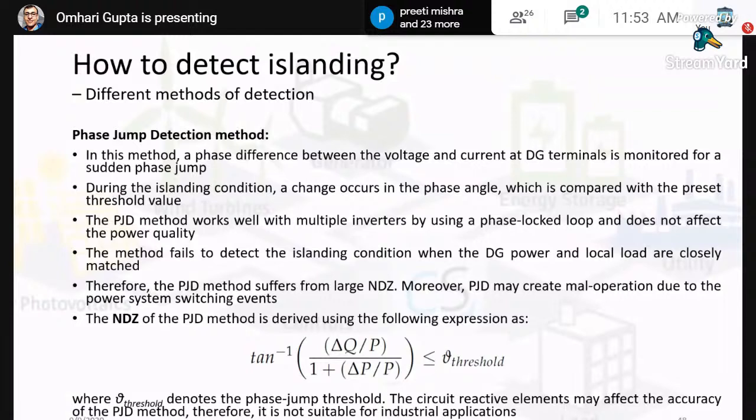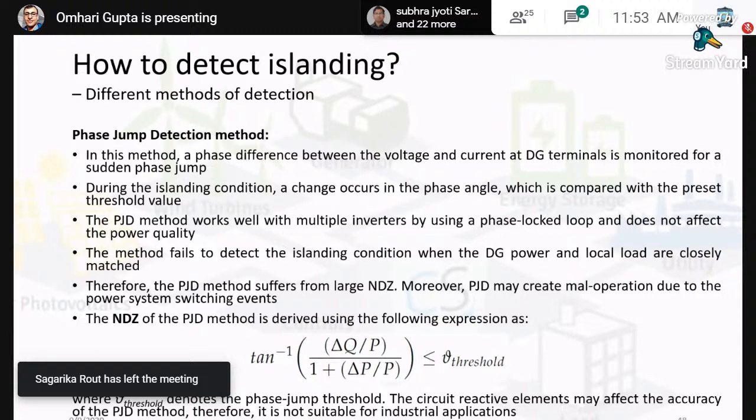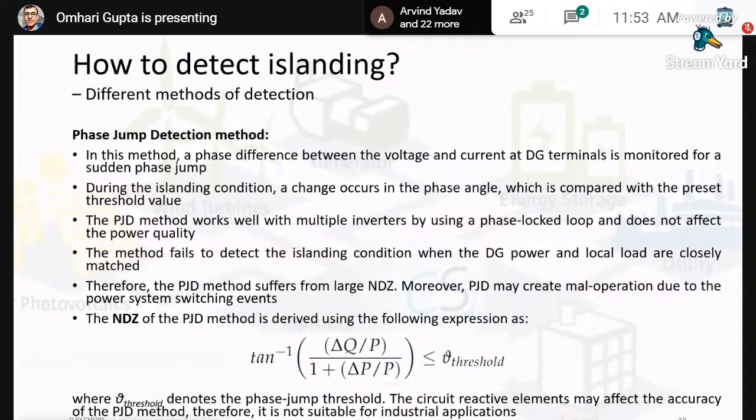It has to be more than that to detect the islanding condition. Here, theta threshold denotes the phase jump detection threshold. The circuit reactive elements may affect the accuracy of the phase jump detection method. Therefore, it is not suitable for industrial applications, because reactive elements may affect the accuracy.